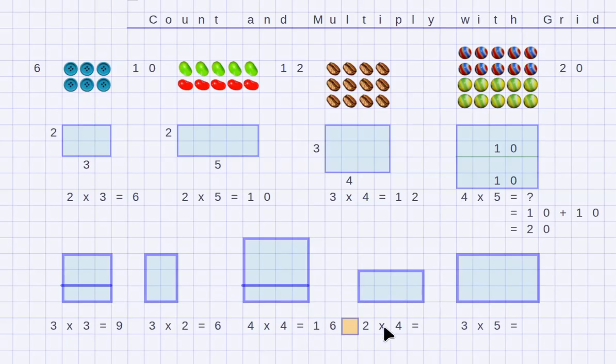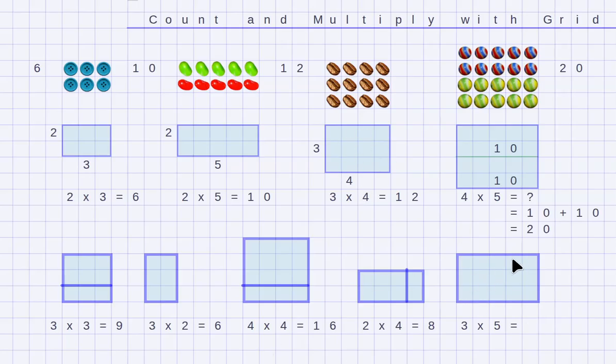2 by 4 is a little bit like this one here, but a bit extra on the end. So that part there is 6 plus another 2. So 6, 7, 8. So 2 by 4 is 8. Let's drop that in. 8. And 3 by 5 is pretty much like 3 by 4 plus a bit more.